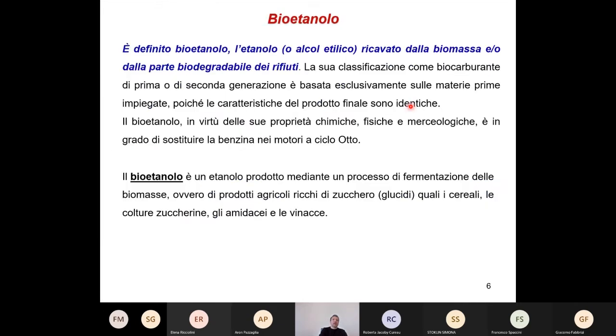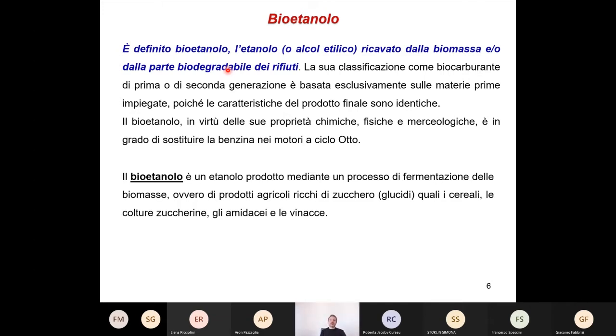Just a definition of bioethanol, which is ethanol, ethyl alcohol, obtained from biomass and also from the organic fraction of wastes. This derives from the general definition of biomass, and inside this category the organic fraction is also considered.